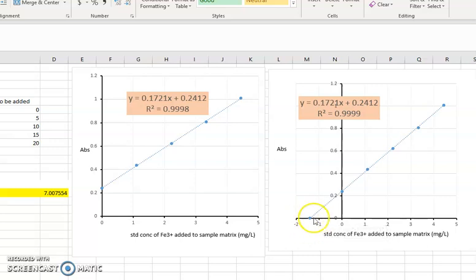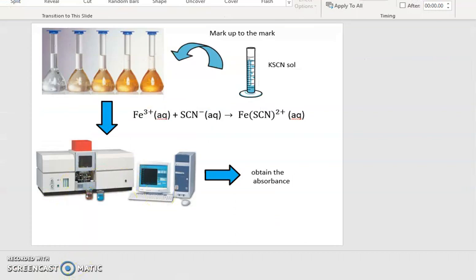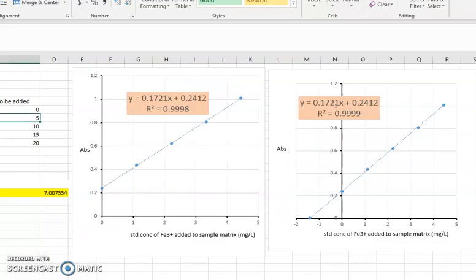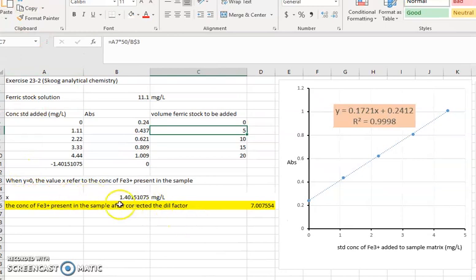At this point, the value represents the concentration of the iron that is present in the 50 ml volumetric flask. After you work it out, the concentration in this case is 1.4. Just ignore the negative value. So 1.4 represents the concentration present in the 50 ml volumetric flask.